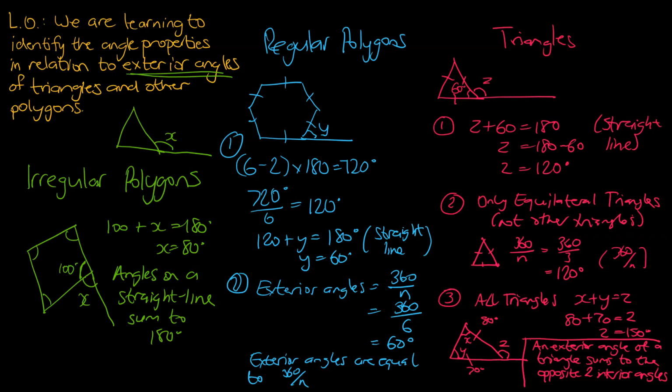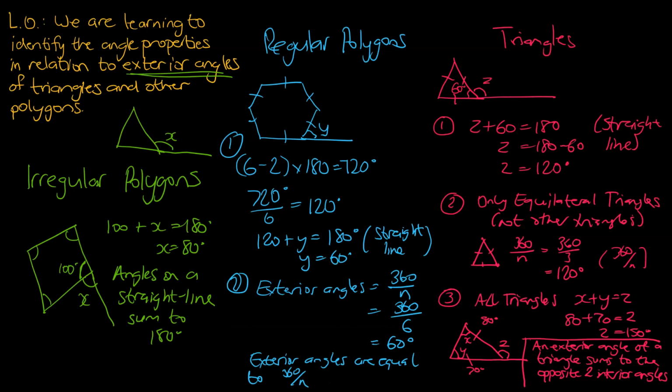So guys, hopefully you found this video useful. We went over how to find the exterior angles of given shapes. We found out for regular polygons, you can use the straight line rule in conjunction with other rules we've previously learned. You can also use a unique rule with regular polygons, 360 degrees divided by n.